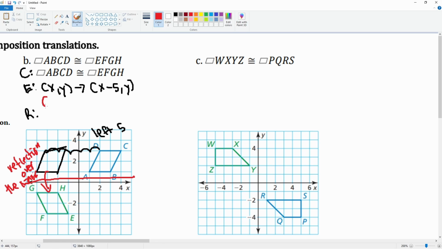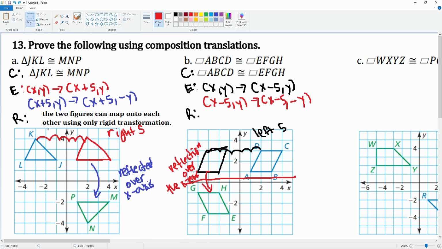So x comma y arrow x comma negative y. And the same explanation here. So the two figures are congruent because of only rigid transformations. There you go.